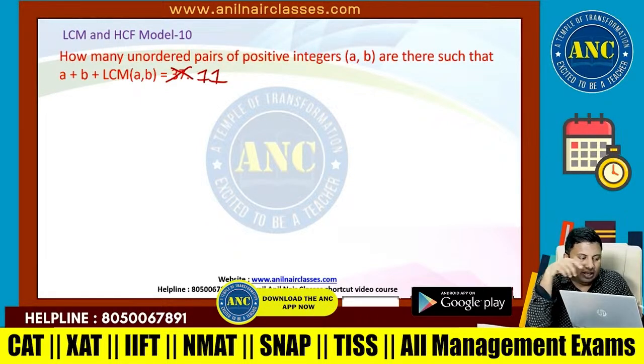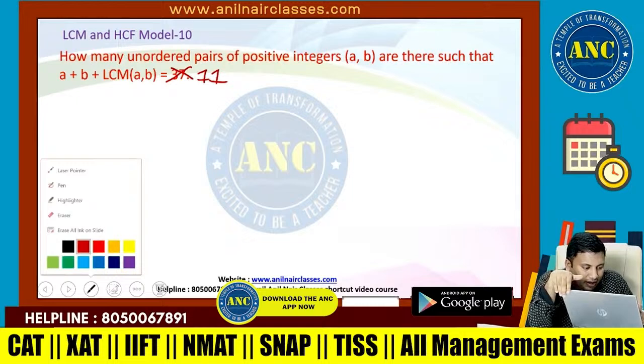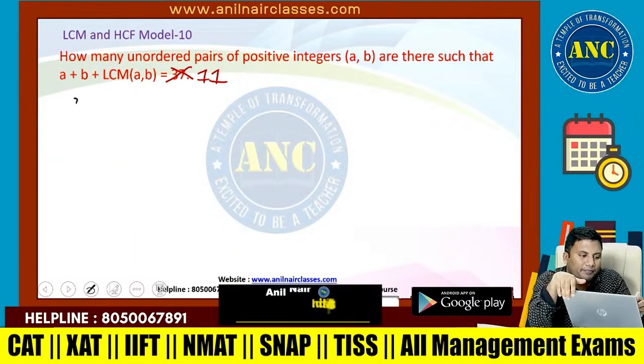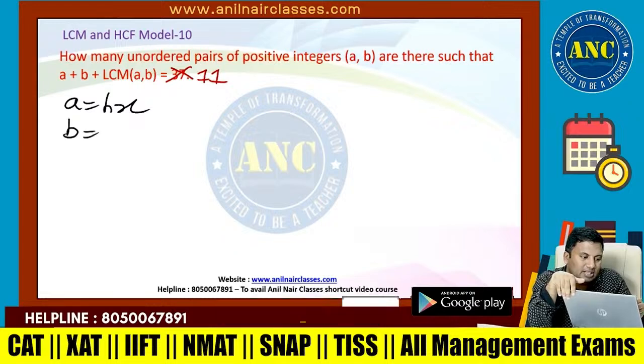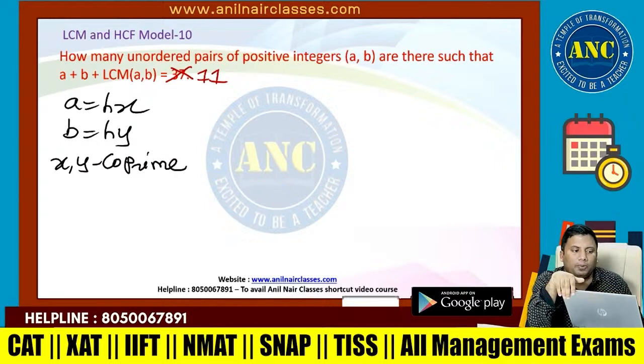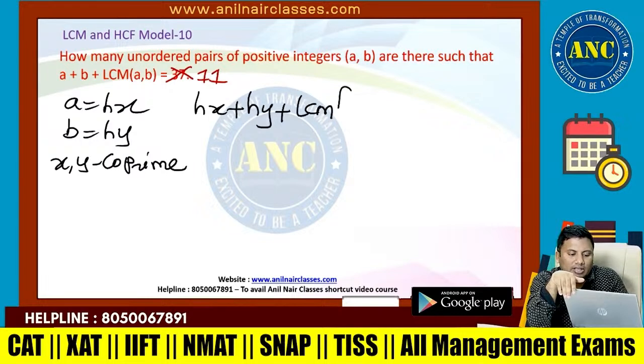A plus B plus LCM of A comma B is 11. A is Hx, B is Hy. I hope, Naveen, the first point is clear. X and Y are coprime. Hx plus Hy plus LCM of Hx comma Hy is 11.